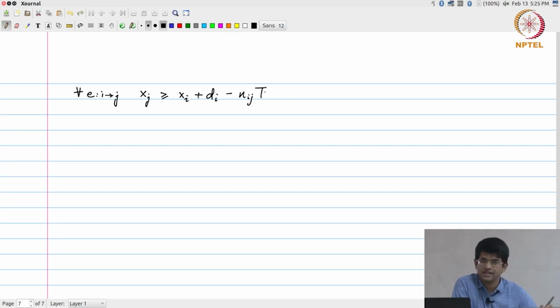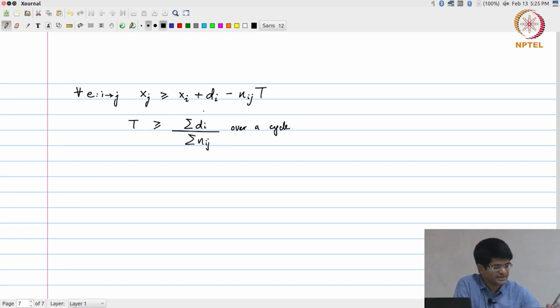Okay. And in general, if I write down all of these things and then sum them up, what I will find is that I will ultimately end up with something which looks like this. I will end up with a set of many different constraints, and in each of those cases, t must be greater than or equal to the summation of di divided by the summation of nij, where the summations are essentially over a closed cycle in the graph.